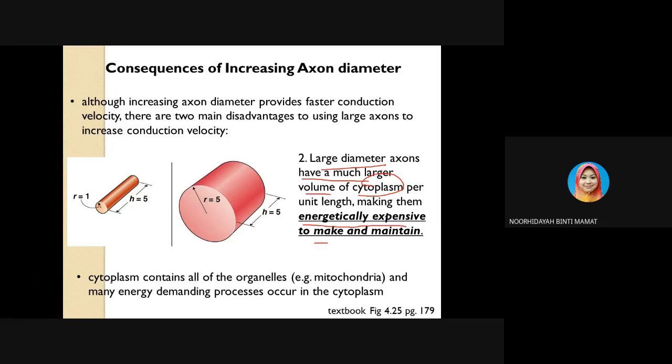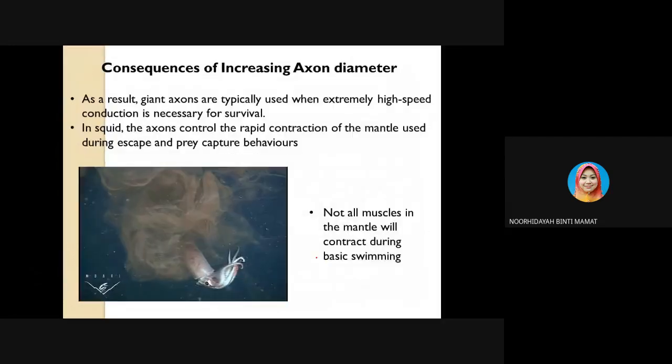The cytoplasm contains all of the organelles, such as the mitochondria, and many energy-dependent processes occur in the cytoplasm. So the bigger cytoplasm is energetically expensive, because it needs more energy to make and maintain. That is the two disadvantages of having a giant axon.